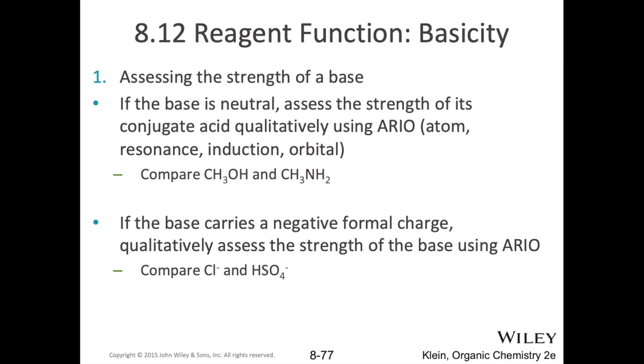If it's great, then your acid is more acidic, right? If you started off with a charged species and your conjugate base is neutral, the other way to look at it is to look at your acid that's charged and ask, how good is it at stabilizing this positive charge? If the answer is not very good, then it's going to be a better acid, right?